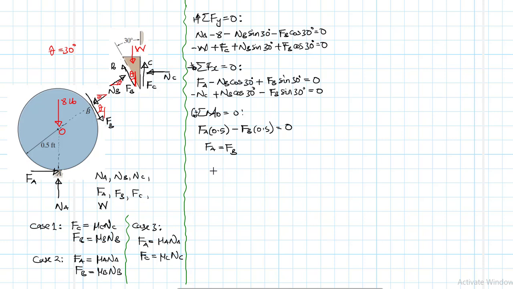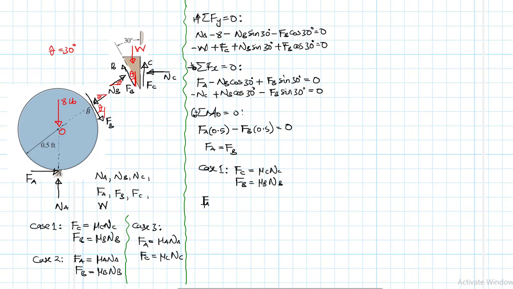So what we need to do now is to try case by case. Let's go to case number 1. So FC is equal to mu C NC, and FB is equal to mu B NB. So using this first case, we have all the equations now, which are 7, and we have 7 unknowns.